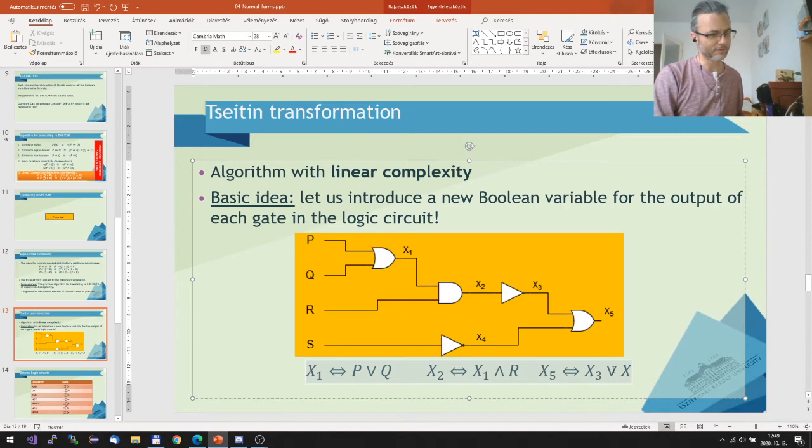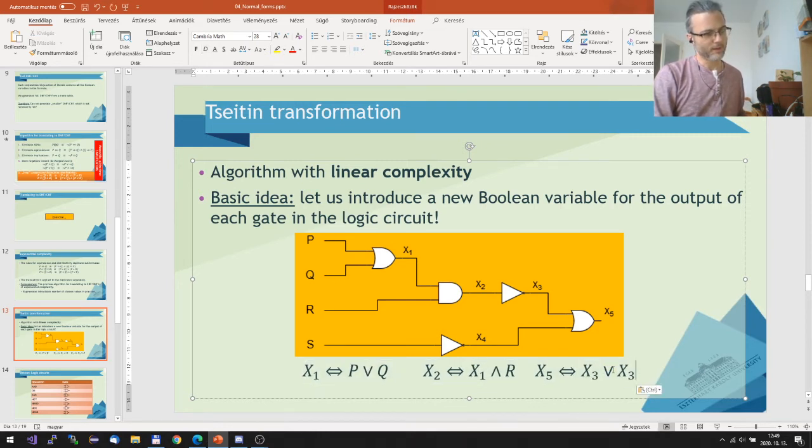I don't really like this formula editor of PowerPoint. Yeah, so this is it. Or we could also plug in the definition of x3, which is basically the negation of x2.